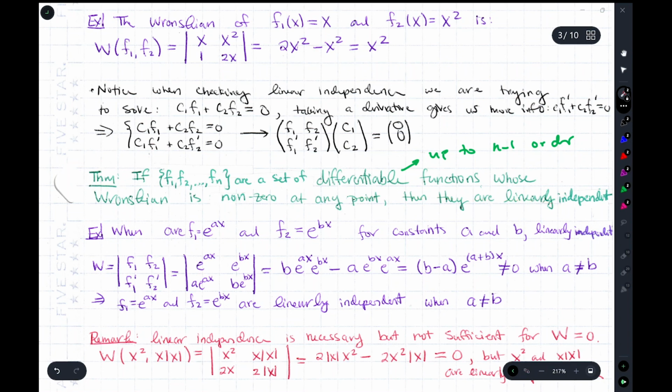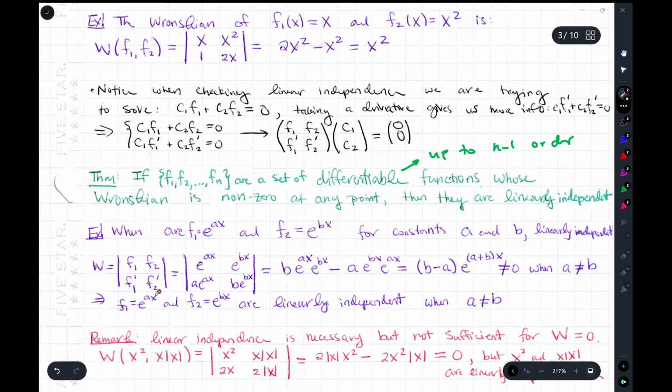We're talking about functions, not solutions yet. So we could ask this question: when are these two functions, exponentials with a and b constants, linearly independent? Well, let's use this theorem and check when the Wronskian is non-zero.